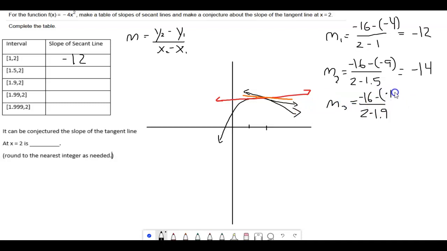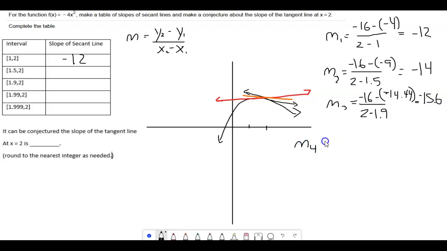Kind of running out of room here. That's going to be negative 15.6.